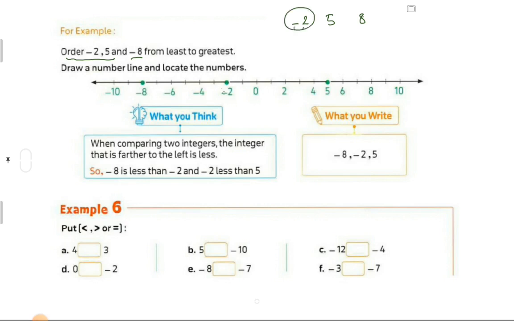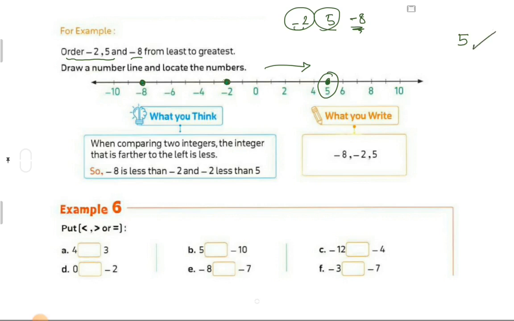Negative 2 is here. Where is the 5? Here. And we have negative 8 here. Directly and quickly you know that 5 is to the right of negative 2 and negative 8. So 5 is the biggest one.